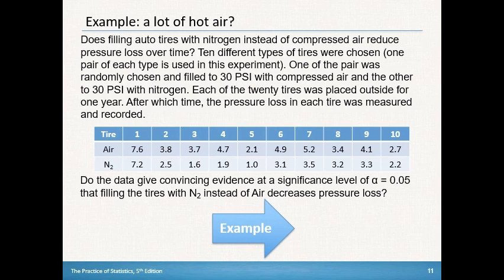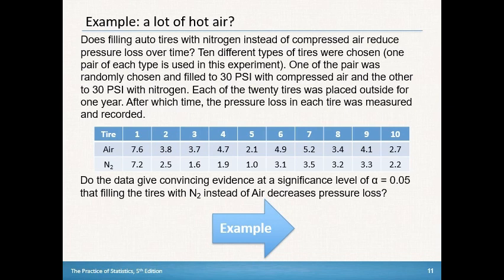Does filling auto tires with nitrogen instead of compressed air reduce pressure loss over time? You all are starting to drive more, and one thing you have to do routinely on a car is check your air pressure. So they're looking to see whether filling your tires with nitrogen reduces the air pressure loss over time, so you don't have to go fill up your air pressure as often.